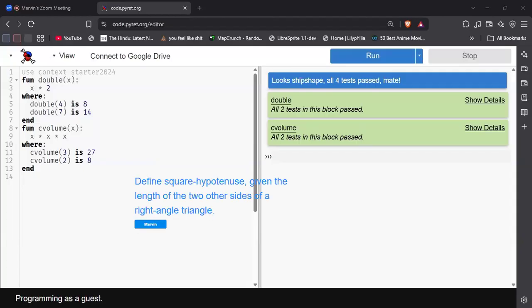Okay, there you go. I've just written it. Oh yeah, so the diagonal side is called the hypotenuse. That's what it refers to in the name.